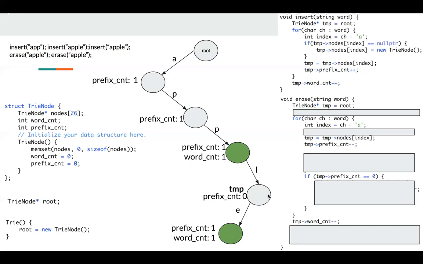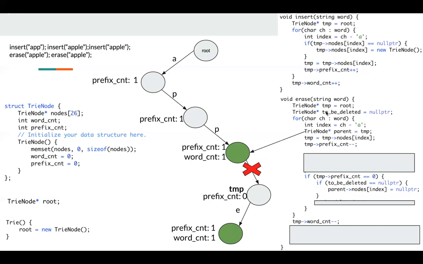Let's see how we can achieve our goal. Assuming my temp node is pointing to this node, and we just decrease the prefix count from 1 to 0. Then I realize the prefix count is 0, so we will do additional stuff here. At first, we have a to-be-deleted pointer, initialized to null. And we will track a parent node first.